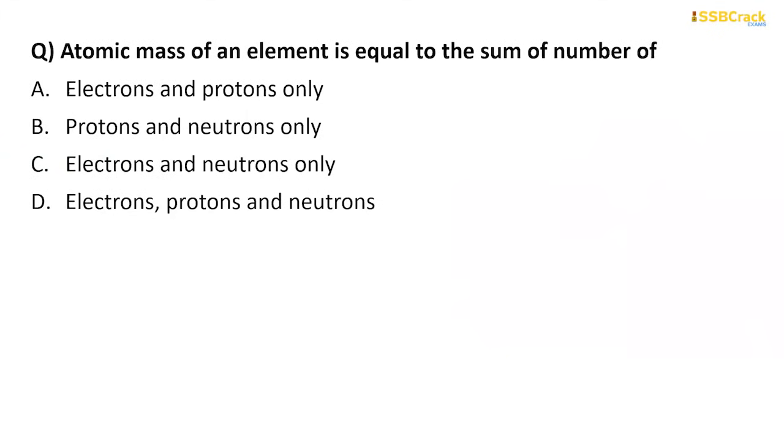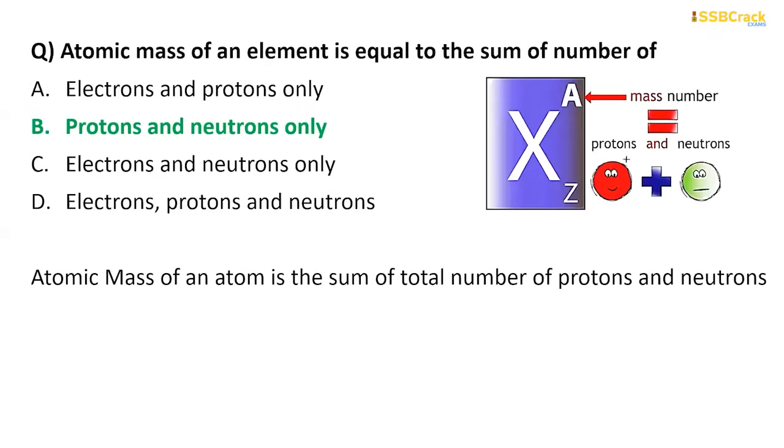Moving on to the next question. Atomic mass of an element is equal to the sum of number of... So the correct answer for this question will be number of protons and neutrons. So if X is your element, the upper part is always represented by the mass number and the lower part is represented by the atomic number, with the symbol Z for atomic number and the symbol A for mass number.